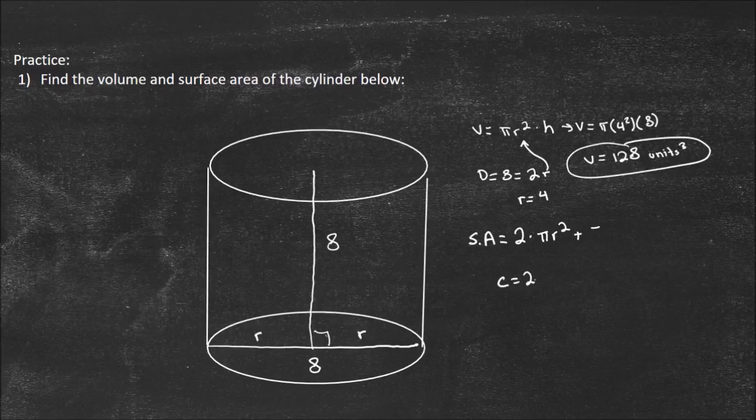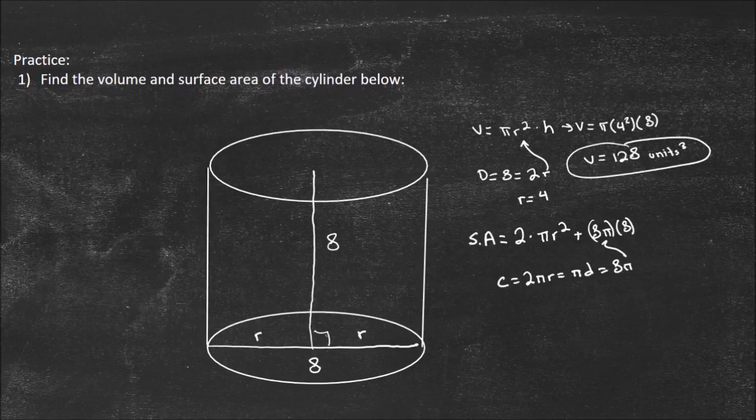C equals 2 pi r, which equals pi d. And that's going to be plus 2 times pi r squared. Pi d is going to be 8 pi. But we have to multiply that by the height, which is 8, because the circumference in this case is 8 pi.